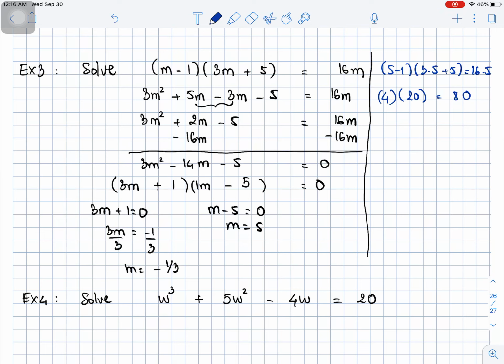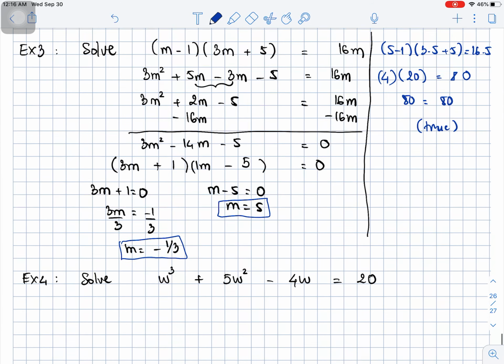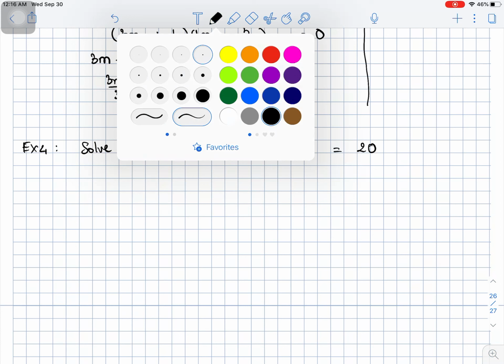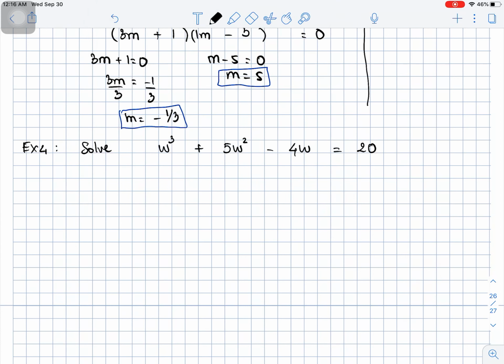The second parenthesis is 20. And 16 times 5 is 80. So we see that 80 equals 80. So this gives us a true statement. So we will box our answer. The negative 1/3 you check by yourself.